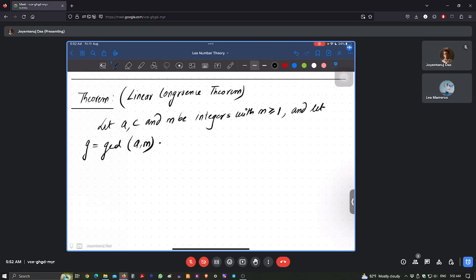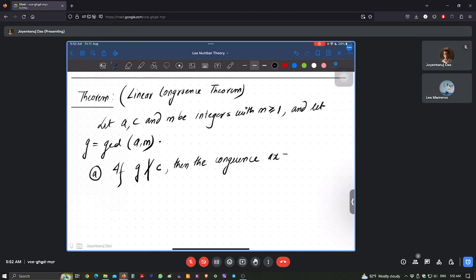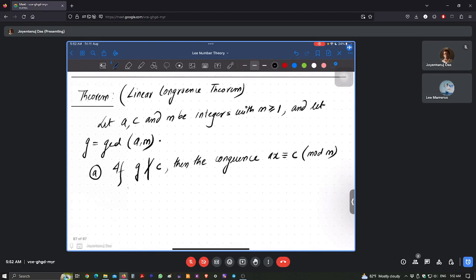Then the first point is: if g does not divide c, then the congruence ax congruent to c mod m has no solution.